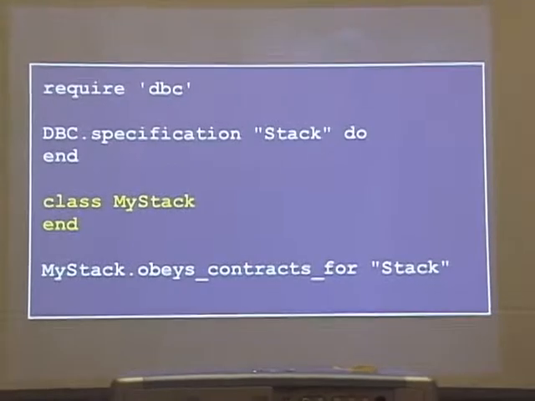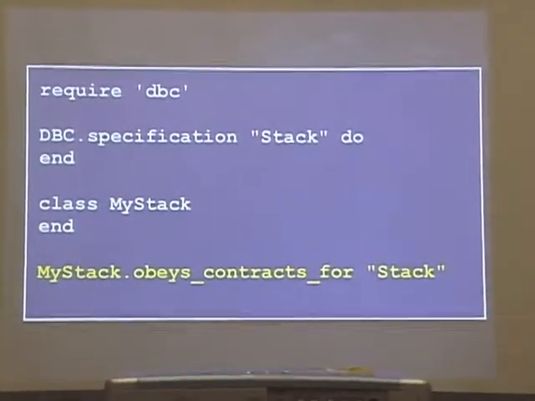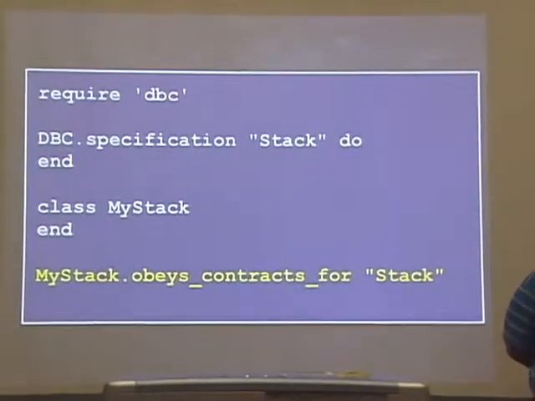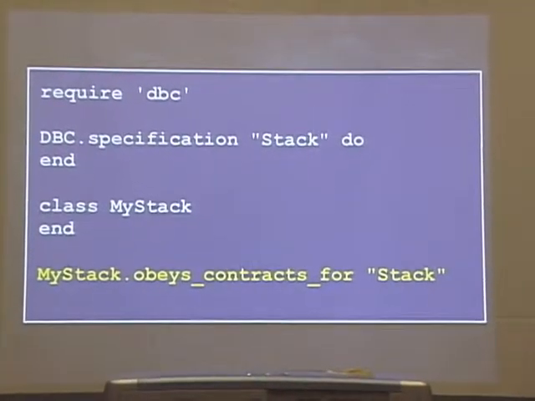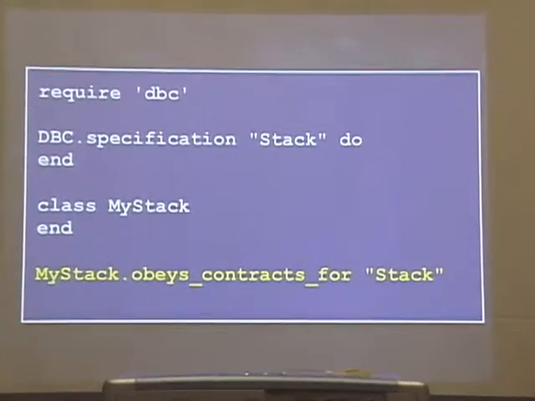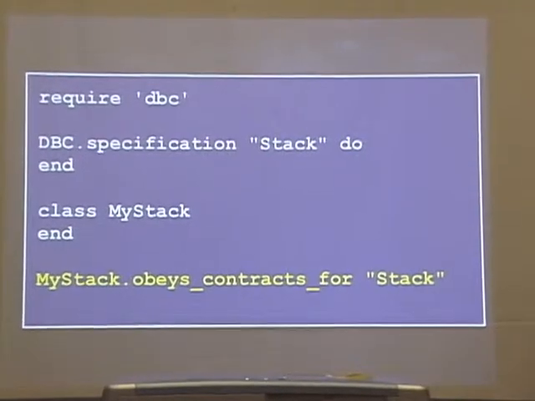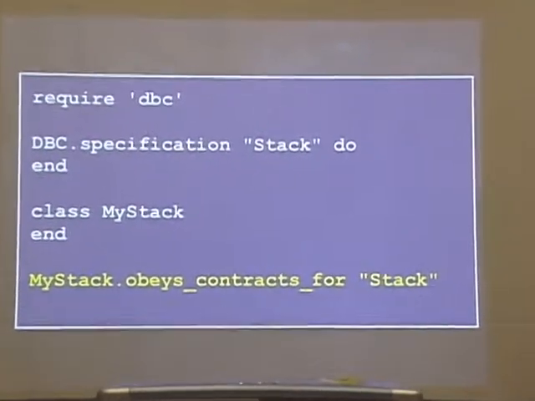You'll have a class Stack, and then you have a piece down here that connects the class with that specification. Now in Eiffel, you put the contract into the class that you're doing, actually in the Eiffel interface, and we don't have interfaces in Ruby. So I connect them separately.